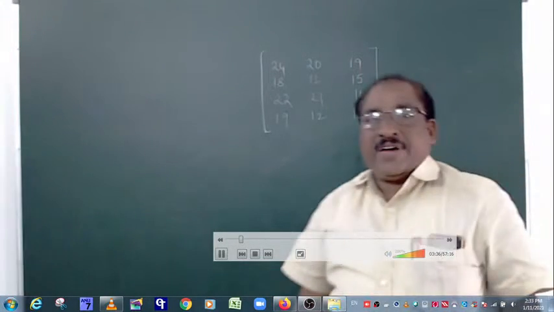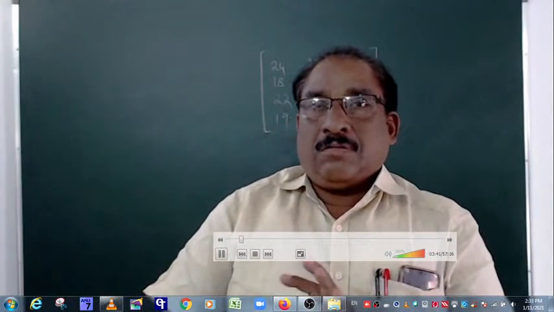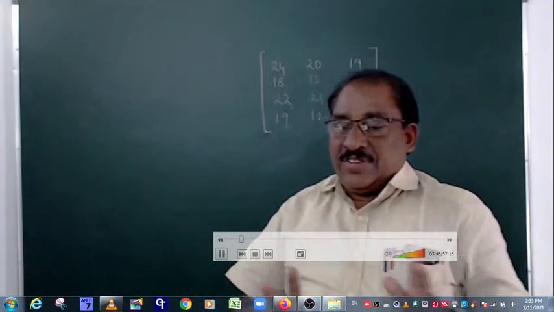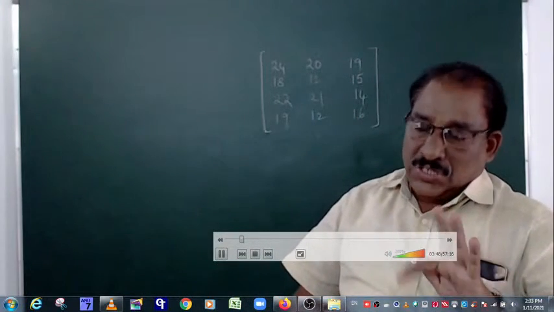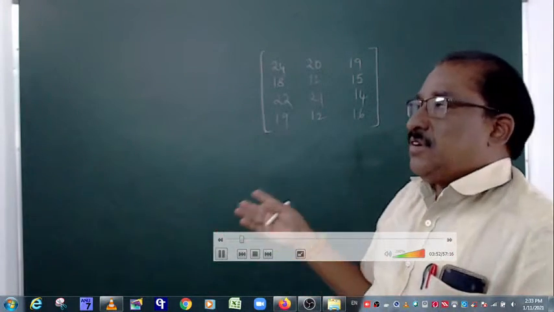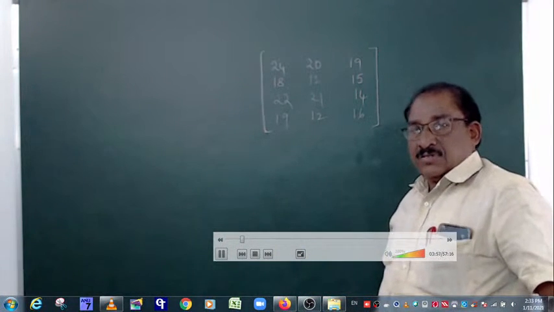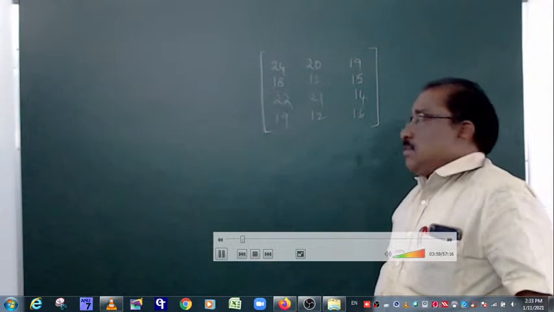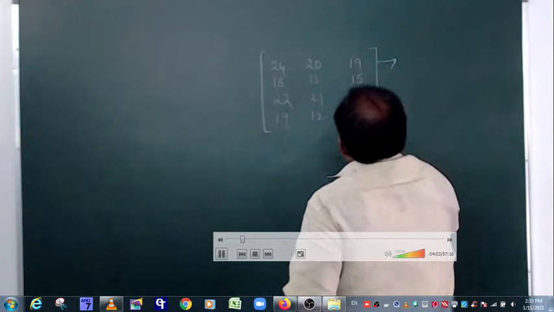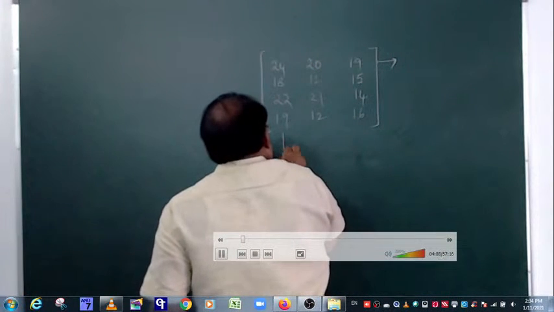This is called a matrix. Once again, a matrix is nothing but an arrangement of numbers in rows and columns, in a box type arrangement. The horizontal lines are called rows, and the vertical lines are called columns.